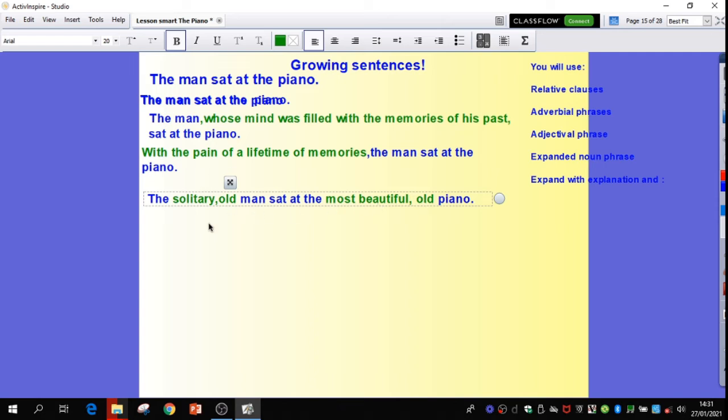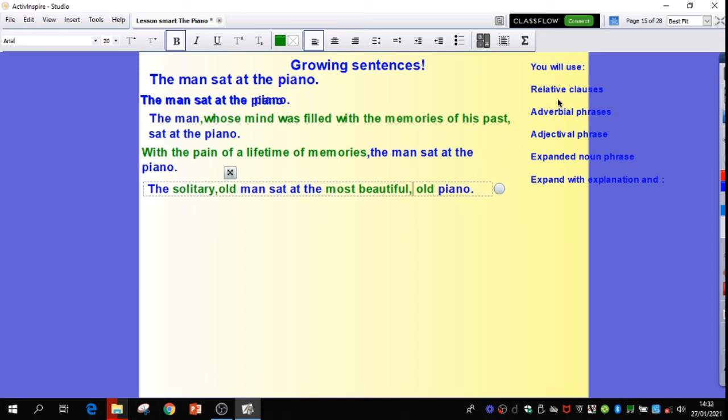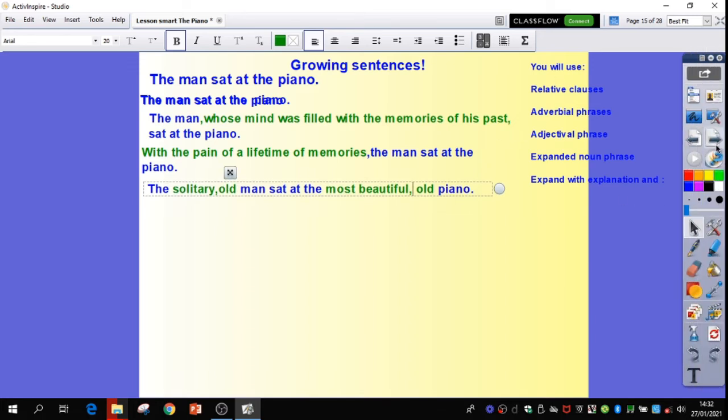So there I have added two adjectival phrases to both my nouns. I've added information about my nouns to make it much more interesting. Okay, so I've done that one, expanded noun phrase.